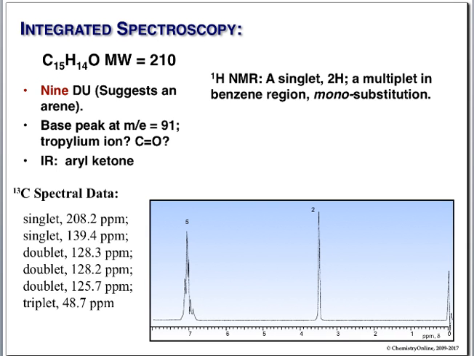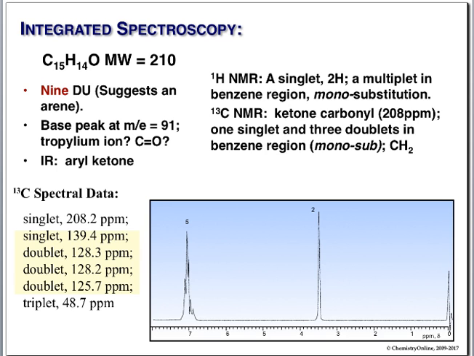Aryl ketone. Look here in the benzene region, 139 down to 125. We have a singlet and 3 doublets. That's the signature of what? Monosubstituted benzene. And we have CH2. Ketone carbonyl, monosubstituted benzene, and a CH2.